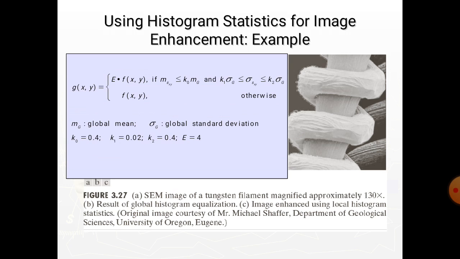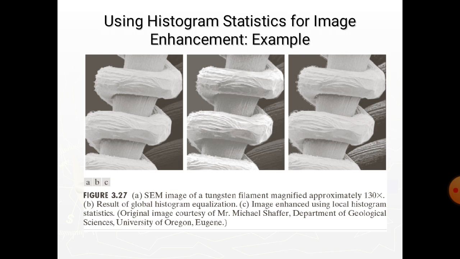This figure shows the scanning electron microscope image of a tungsten filament wrapped around a support. The filament in the center of the image and its support are quite clear and easy to study. There is another filament structure on the right side of the image, but it is much darker, and its size and other features are not as easily discernible.